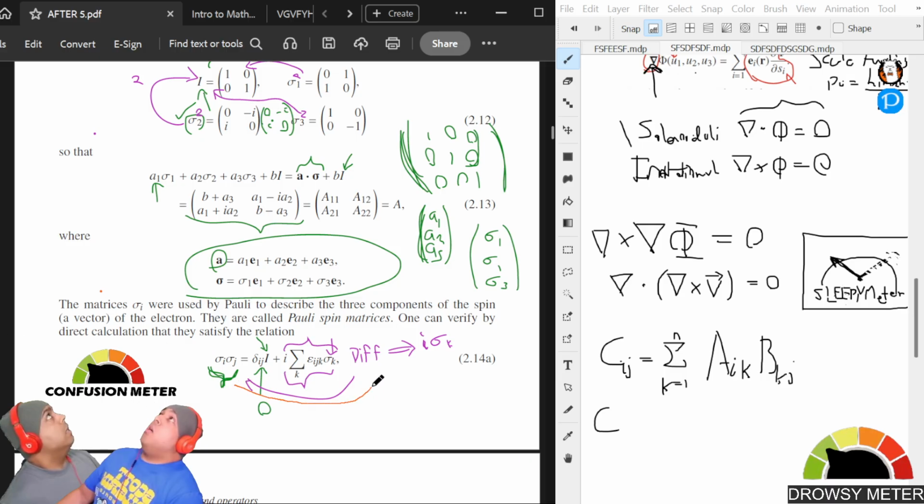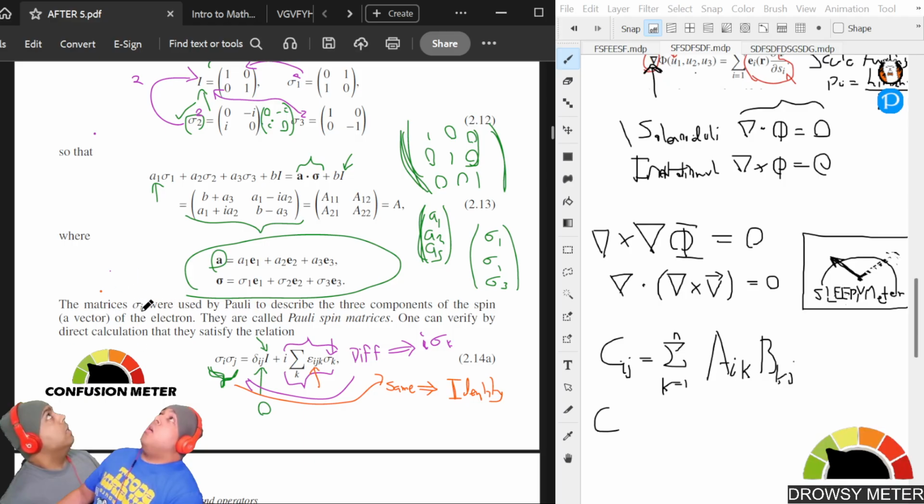Same results in I. And I think this should disappear because if I and j are the same, that means the Levi-Civita will be equal to 0. So yeah, this suggests equal to the identity. Identity. Okay.